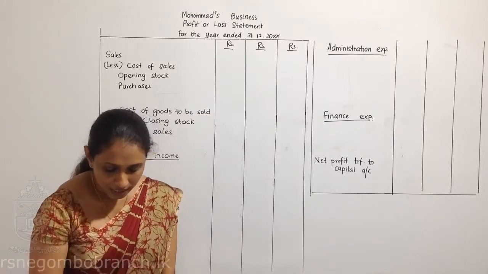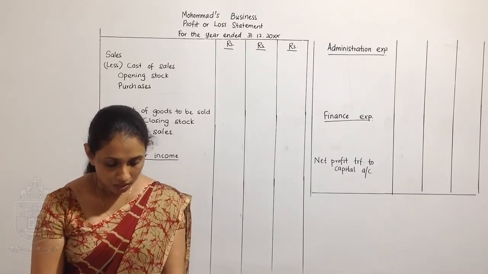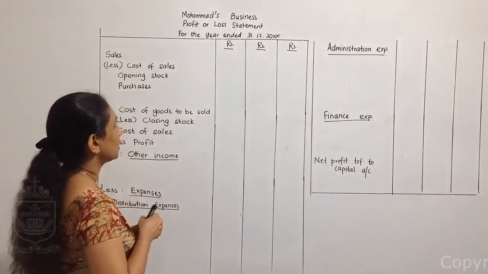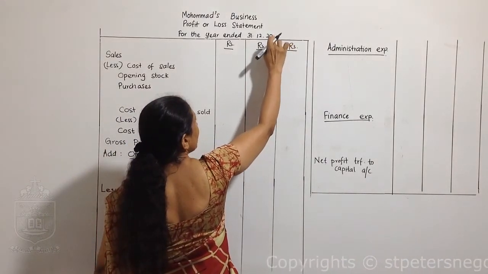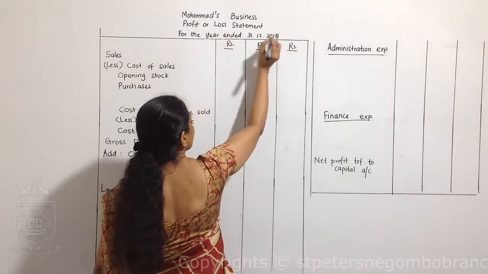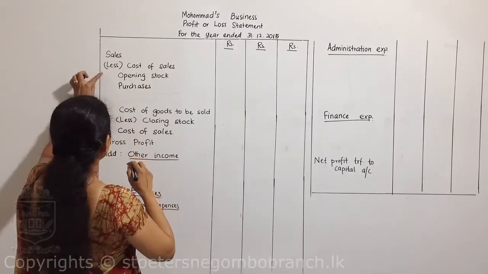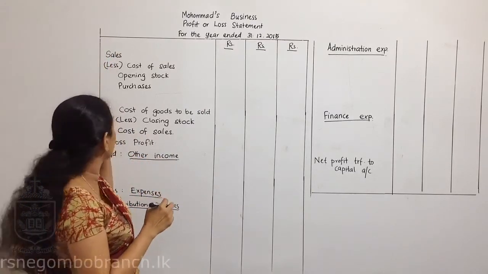So our first line item which we have ticked is the stocks as at 1st of January 2015. So here it's 2015, and the figure is the opening stock which will come under the calculation of cost of sales.